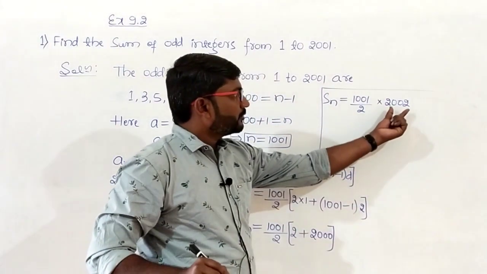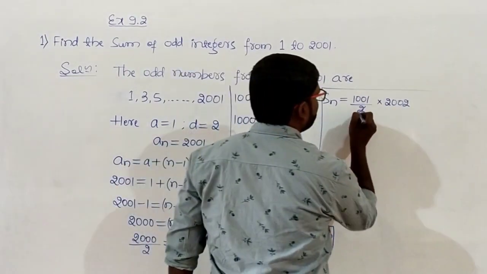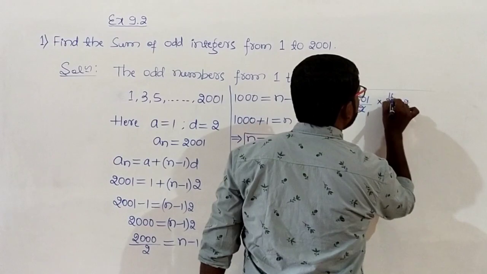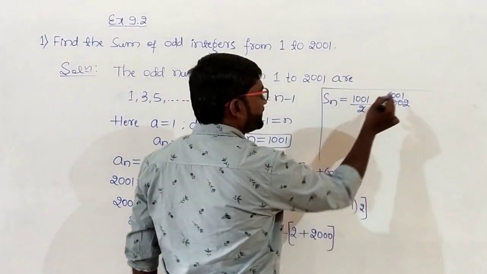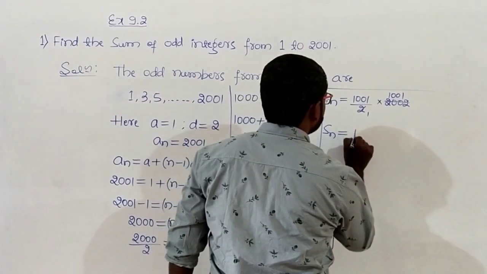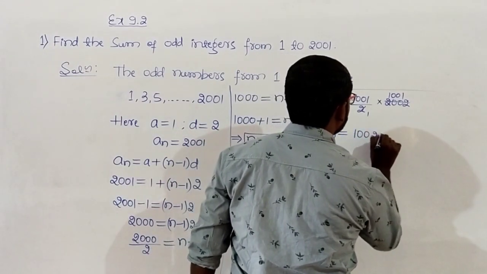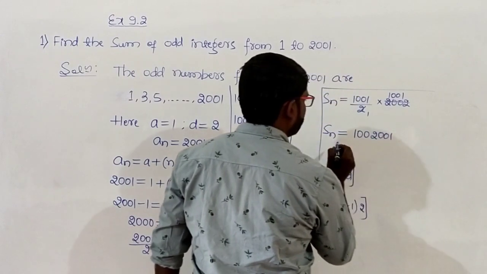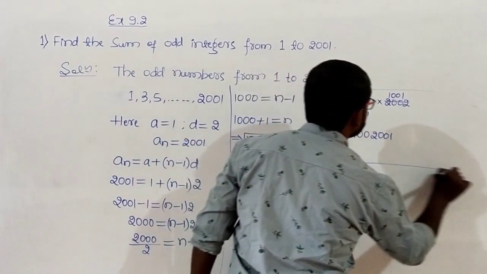Then cancel out these two. So you get 1001 into 1001. Sn is equal to 1,002,001. So this is the required sum.